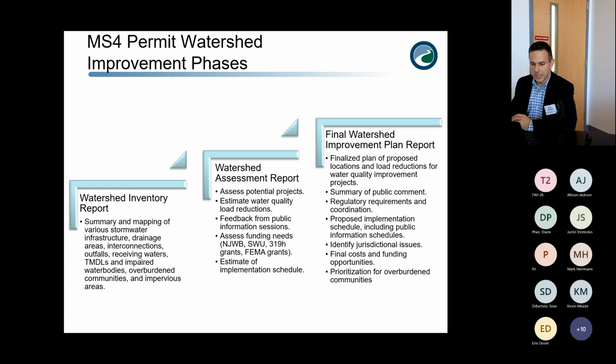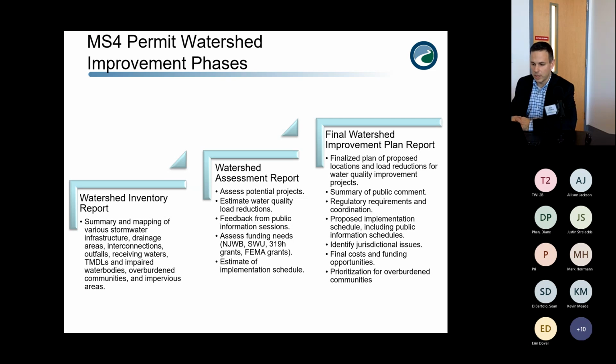The next is a watershed assessment report. You're taking it now a step further to assess what potential projects there are, where those targeted areas should be within your watersheds, estimating what kind of water quality load reductions you'll get from these different projects. There's this feedback and public information sessions that are part of this process, which is really important. And then assessing different funding needs. You know, maybe you're looking at New Jersey Water Bank as a good option.